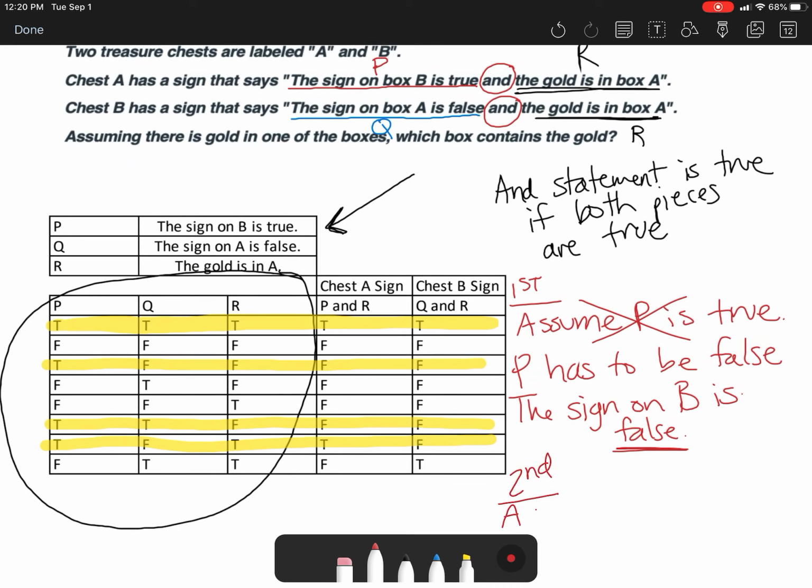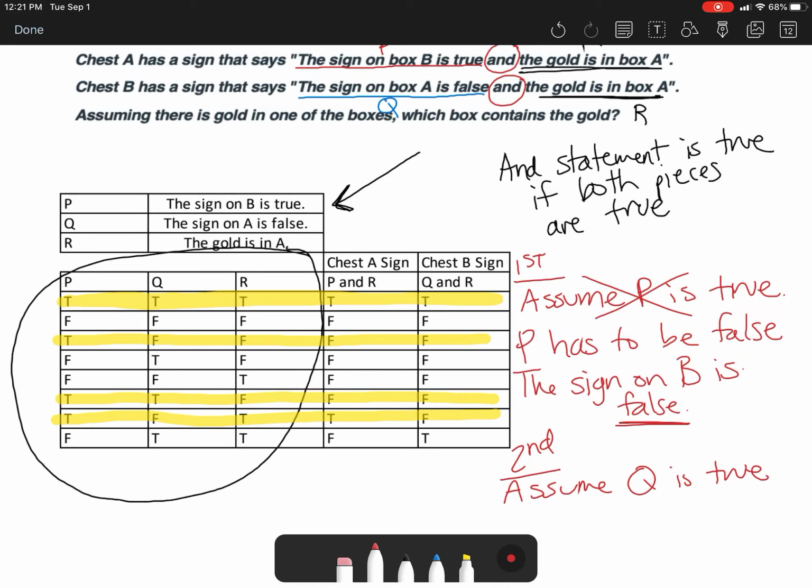Okay? So now what I'm going to try second is I'm going to assume Q is true. And because I know that sign B has to be false, that would mean R would have to be the false part. Okay, because at least one part of sign B has to be false.